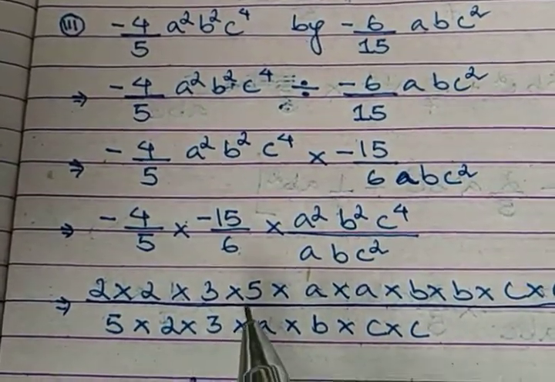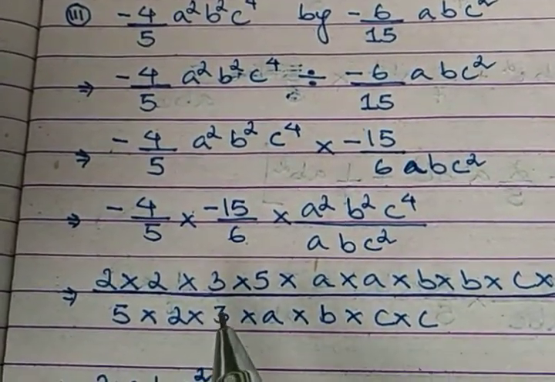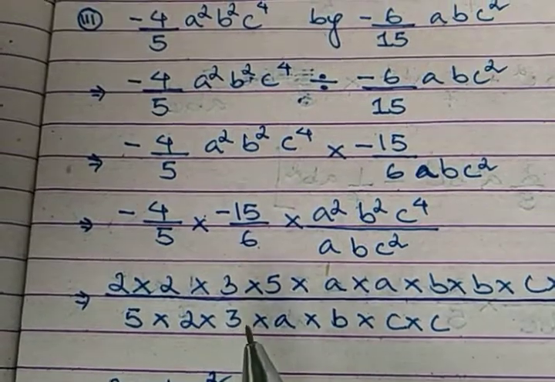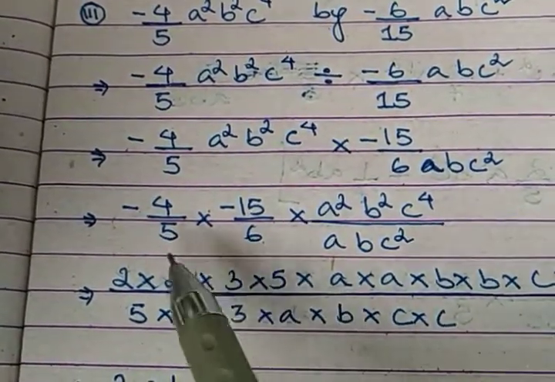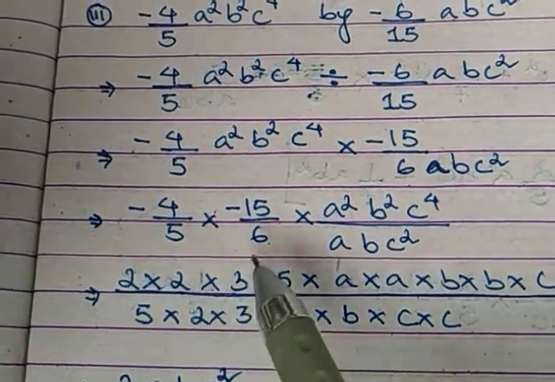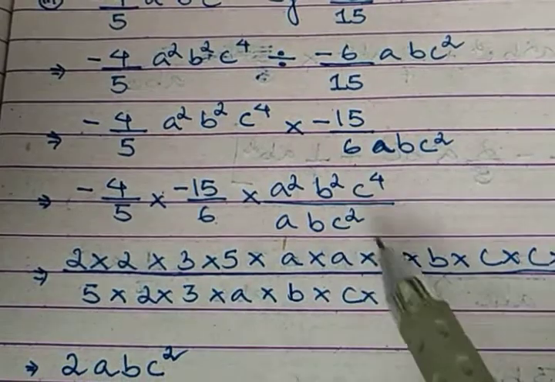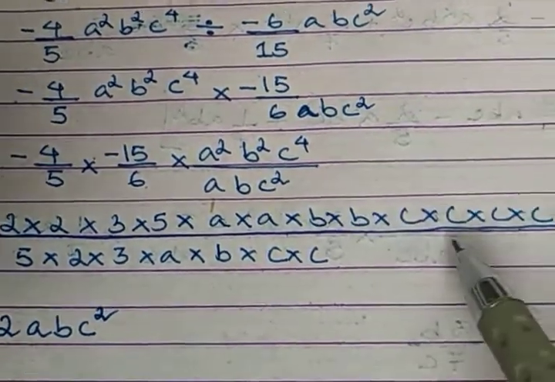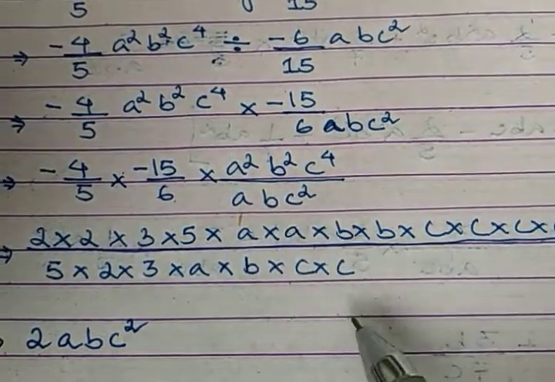Those who cannot, take the prime factors, but I recommend prime factors because the chances of getting mistakes are very less. So for 4, I have taken prime factors as 2 into 2, for 15, 3 into 5, 5 is already a prime number, and 6 is 2 into 3. For a squared, I expanded the term, b squared as well, and c to the power 4 as well. The denominator is a, b, c squared as it is.